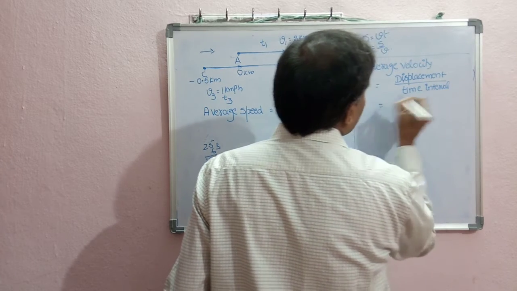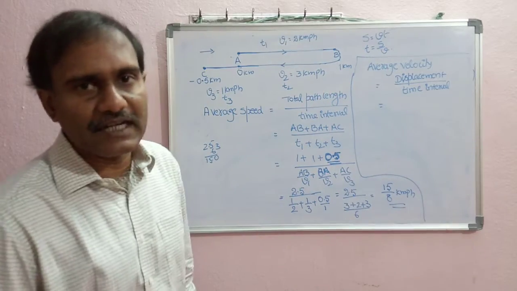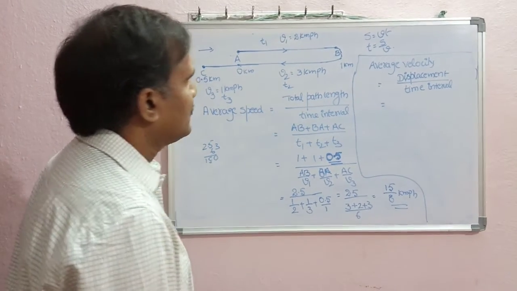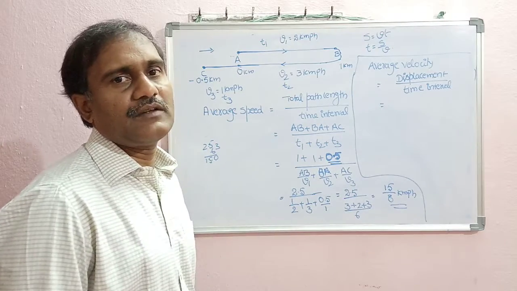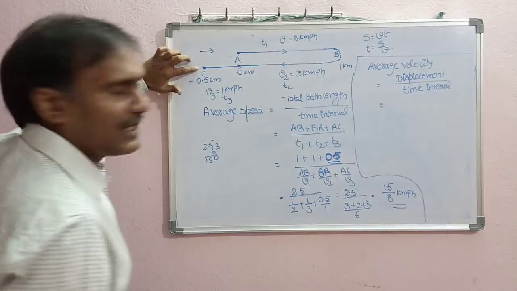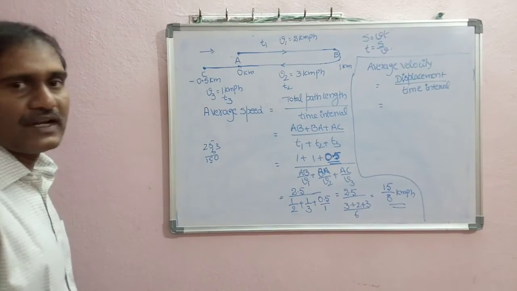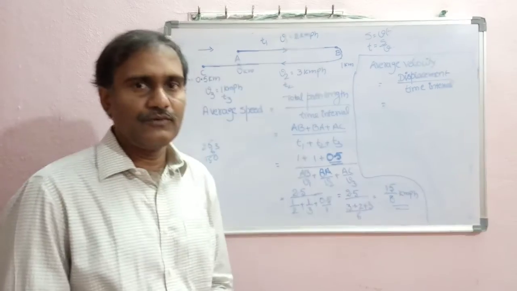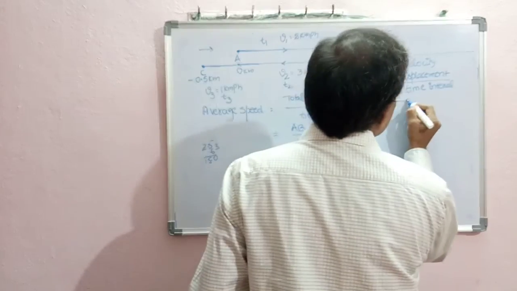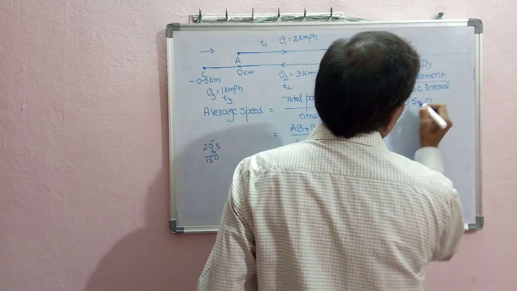What is the displacement covered by the particle? Displacement means final position minus initial position. What is the final position? Minus 0.5. Initial position is 0. That is minus 0.5 minus 0.